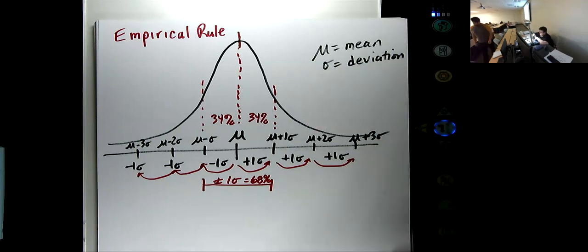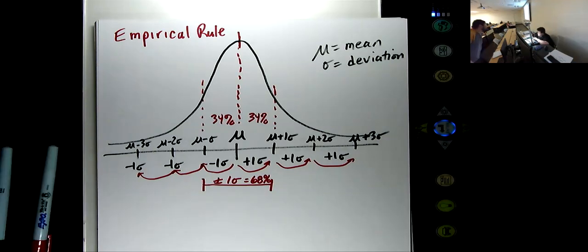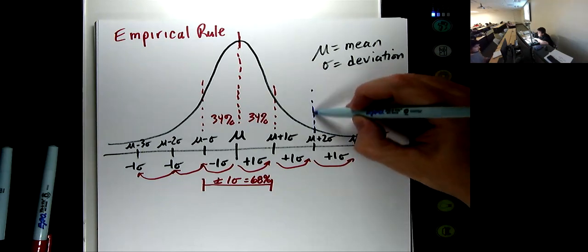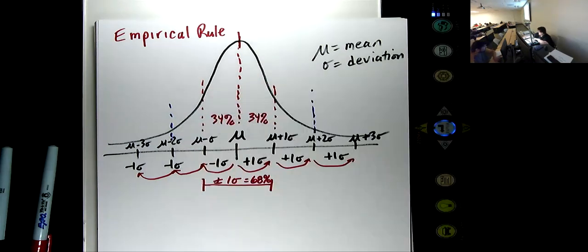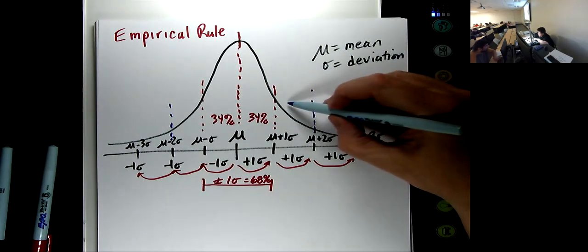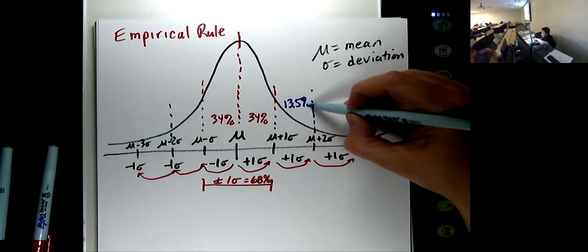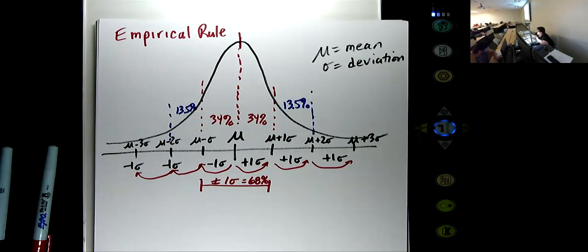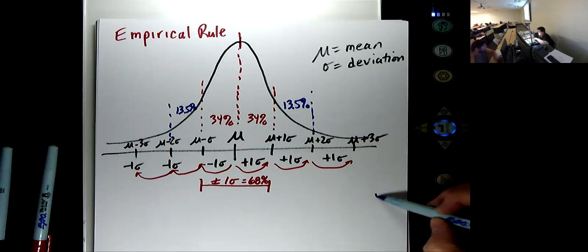Then, let's change colors. Between plus 1 deviation and plus 2 deviations, going each direction, this section is 13.5%. So if I add 13.5 and 13.5 up, I get 27.